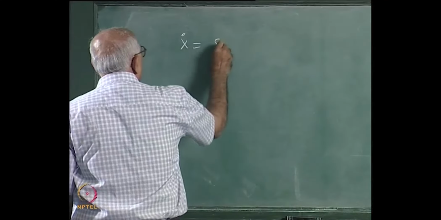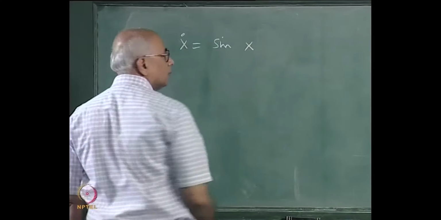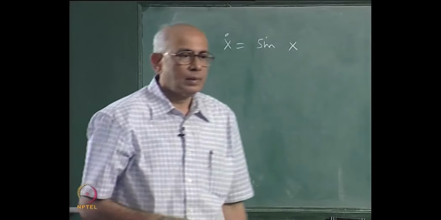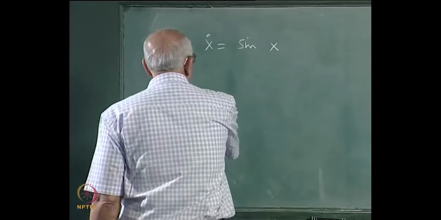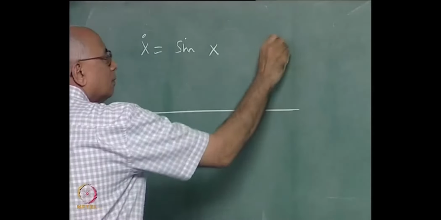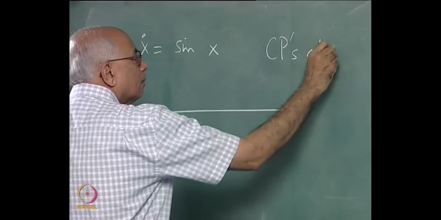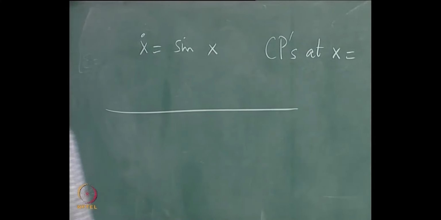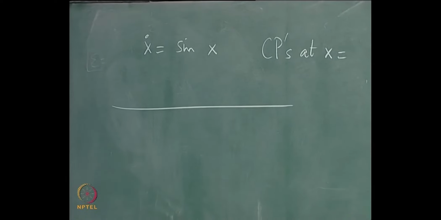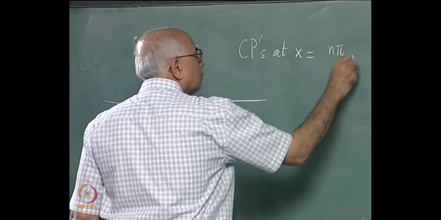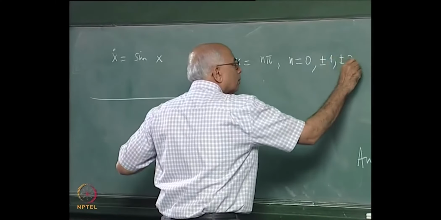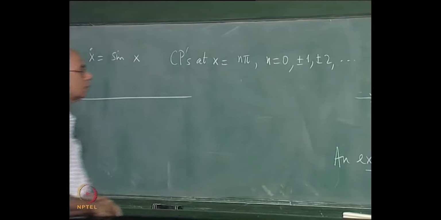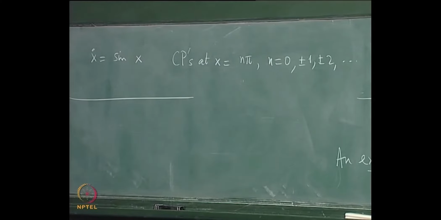What would you say is the dynamical behavior of a system given by x dot is say sin x? What kind of behavior would you expect here? Where are the critical points? Any integer multiple of pi, etc. What kind of critical points would these be?